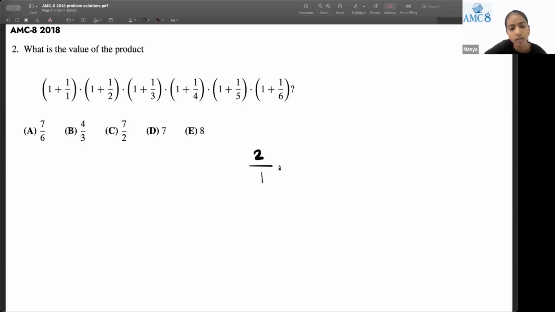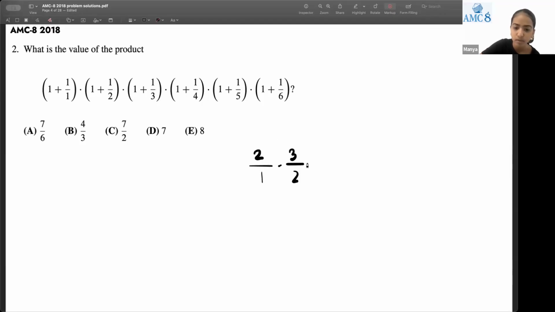So 2 over 1 times, and this dot over here represents multiplication, 3 over 2. And we got 3 over 2 because it's 1 over 2 plus 1. 1 whole is equal to 2 over 2 or 3 over 3 or 4 over 4 and something like that.